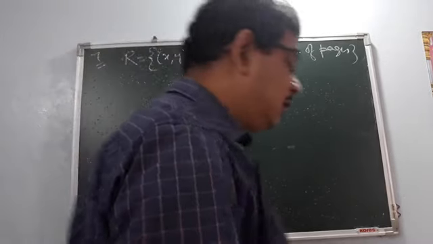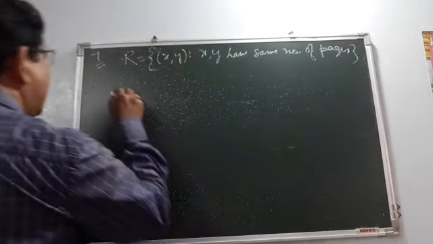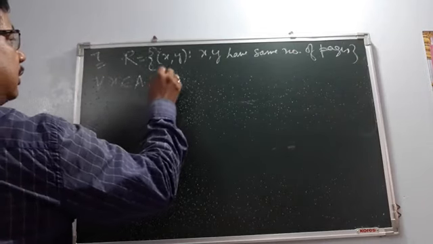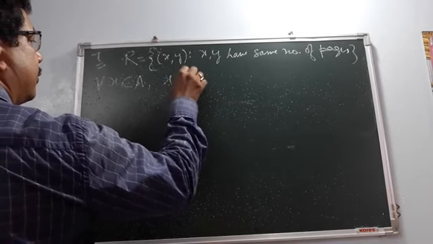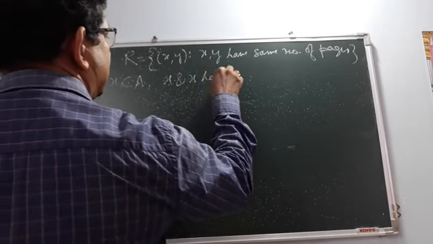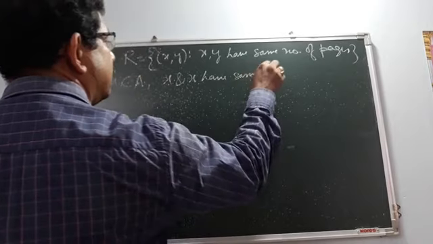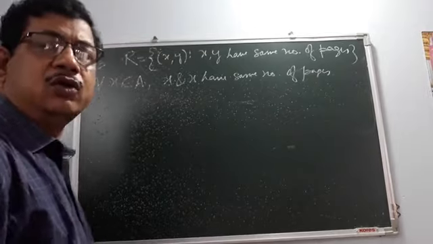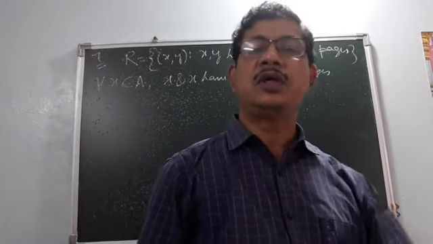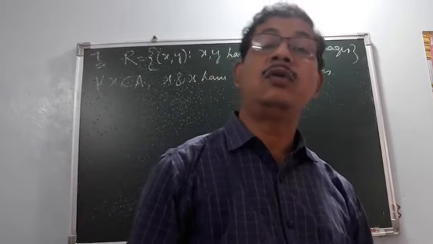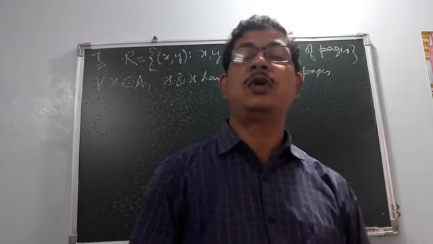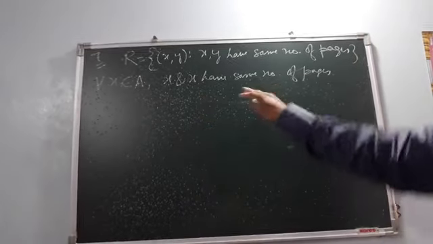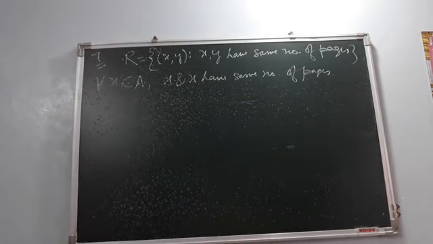So here the set is A, books in a library. For any x belongs to A, x and x have the same number of pages. Suppose your maths book: two or three maths books are there in the library, and all of them are the same book, so the number of pages should be the same.